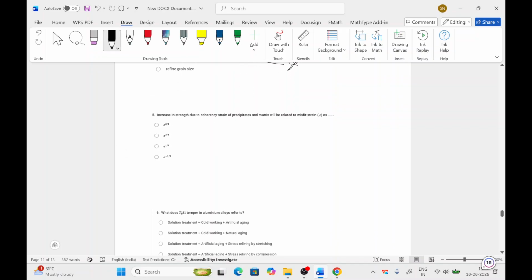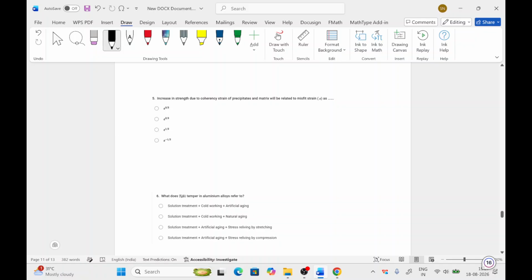Next question is, the increase in strength due to coherency strain of precipitates and matrix will be related to misfit strain.